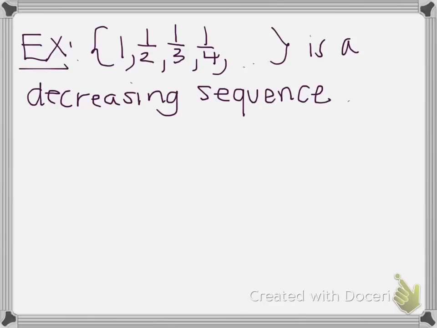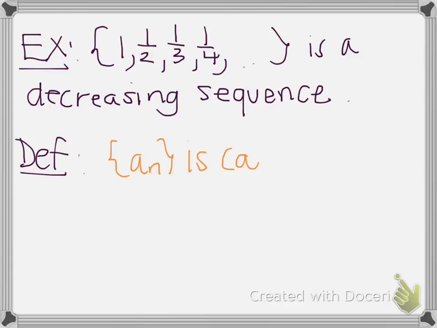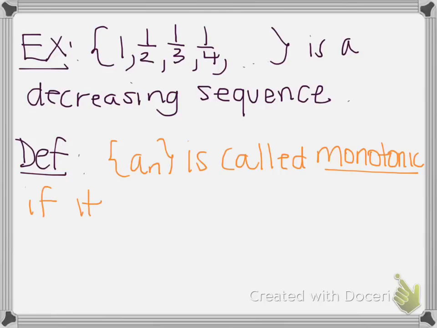Definition: a sub n is called monotonic if it is either increasing or decreasing.